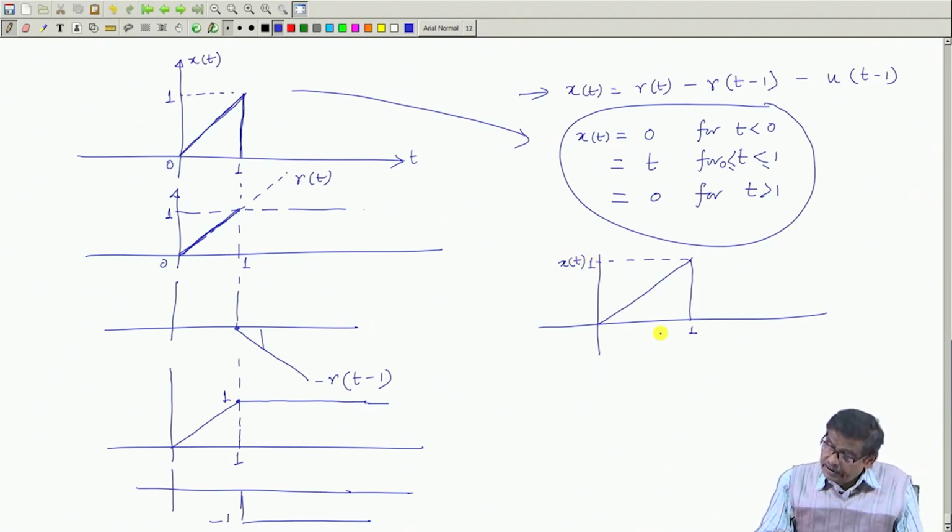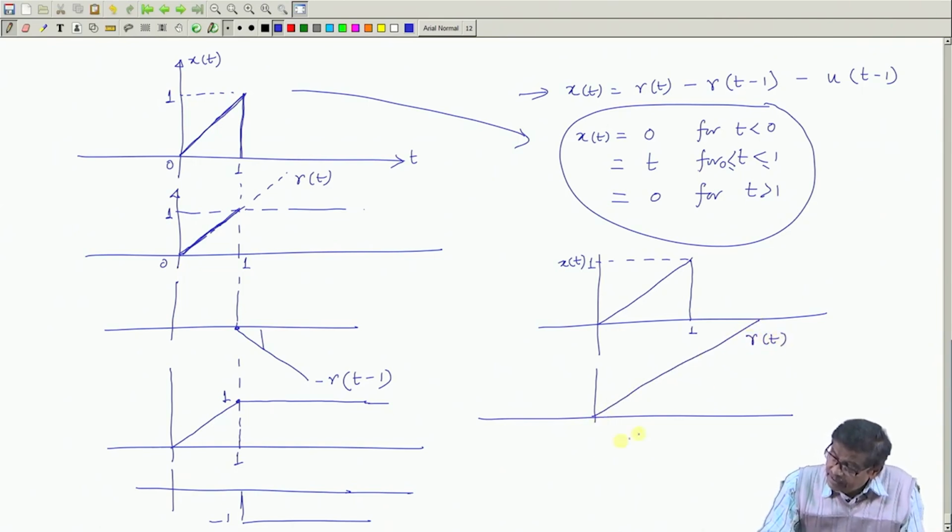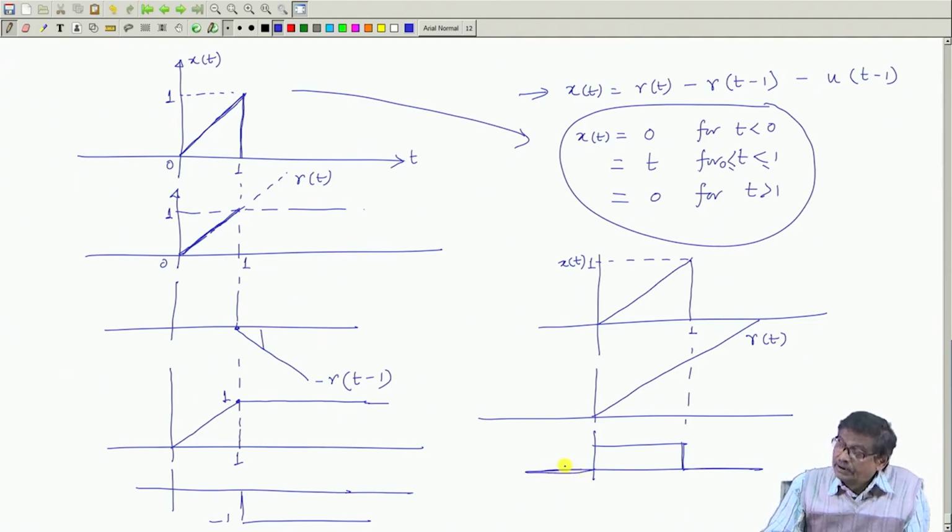You can tell that this is nothing but the multiplication of this, a ramp only at t, and multiply this function with this rectangular pulse. What is this rectangular pulse? This is 0, at t equal to 0 this is 1.